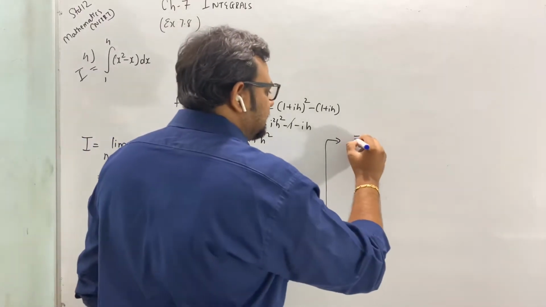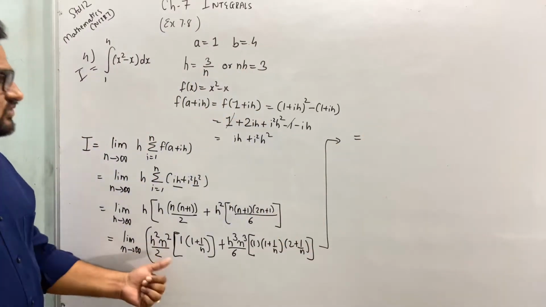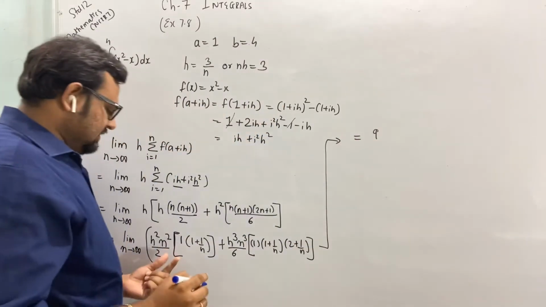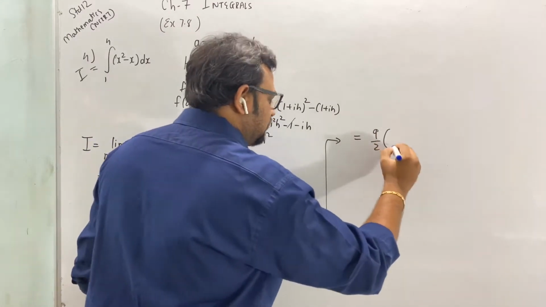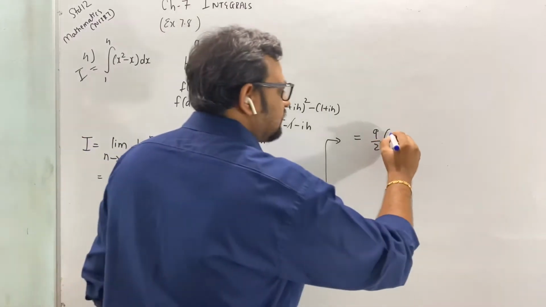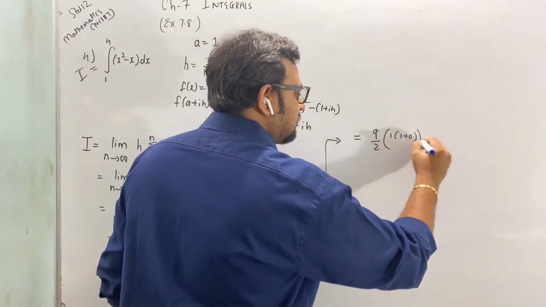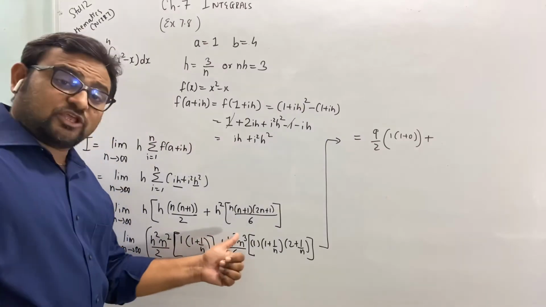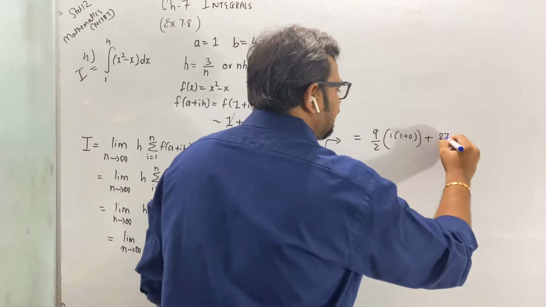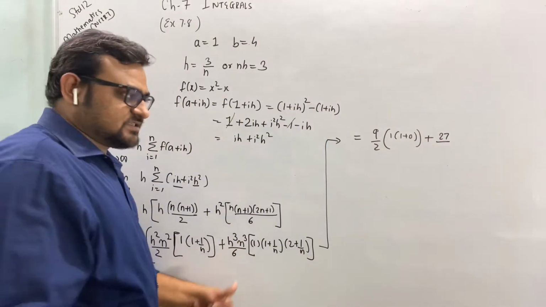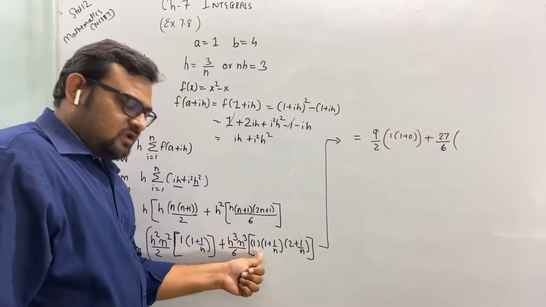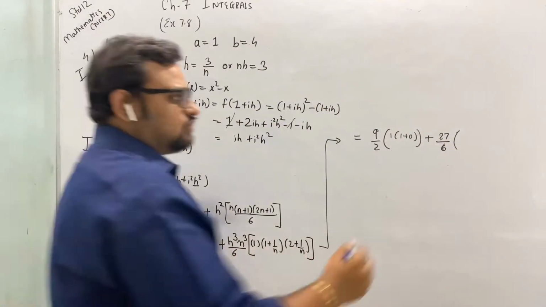So this will be equal to n square h square, 3 square, 9 by 2, into 1 into 1 plus 0, plus n cube h cube, that is 3 cube, 27 by 6, into 1, 1 plus 0, 2 plus 0.